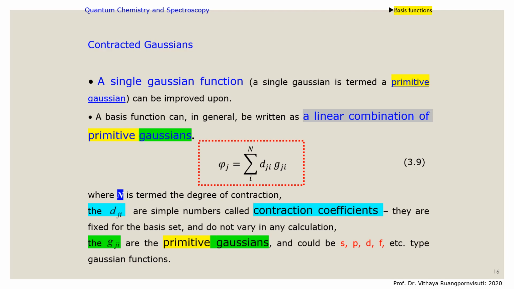The d ji are simple numbers called contraction coefficients. They are fixed for the basis set and do not vary in any calculation. The g i are the primitive Gaussians and could be S, P, D, F, etc. type Gaussian functions.